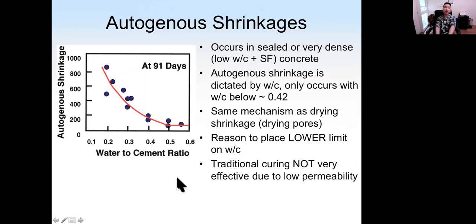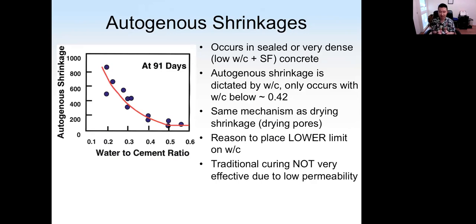So autogenous shrinkage occurs in sealed concrete, when we wrap the concrete with plastic sheets or aluminum foil, or when the concrete is very dense. If the concrete has a very low water cement ratio plus a certain percentage of silica fume, the pore structure will become very, very dense.